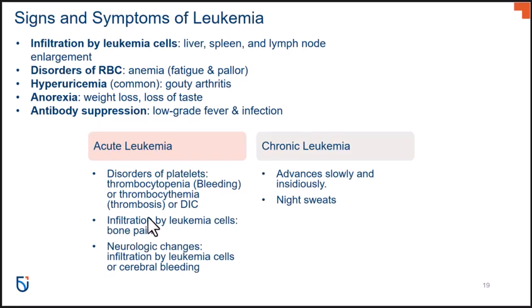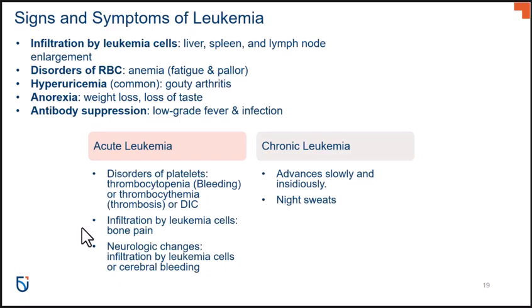I mentioned on the previous slide that it can lead to pancytopenia, including a reduction in red blood cells. So this can lead to anemia, presenting with fatigue and pallor, that unhealthy pale appearance.